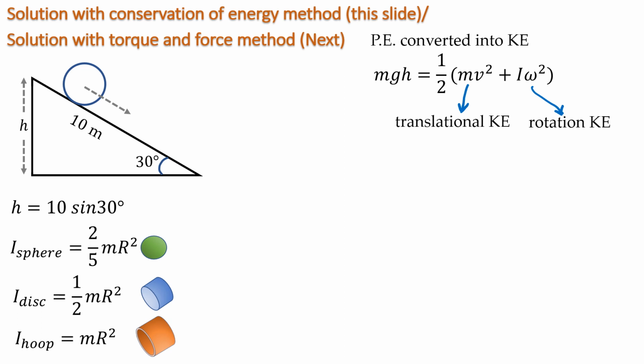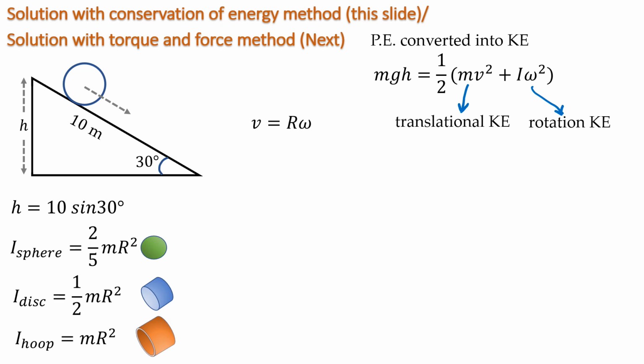Hope you have studied the way to easily memorize the analogy of half mv squared in rotation. The mass becomes moment of inertia, I, and the velocity becomes angular velocity. Now, translational velocity is related to angular velocity as v is equal to r times omega.